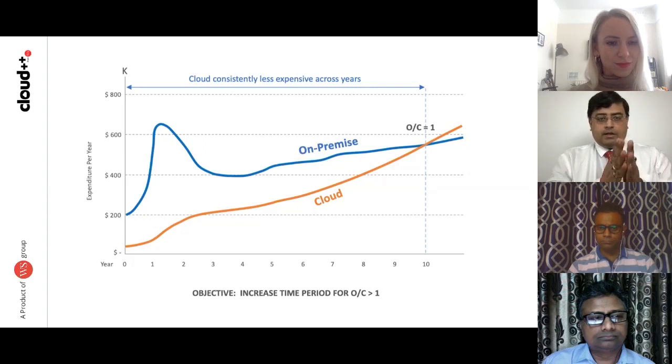So if we can keep the cost for cloud subscriptions somewhat lower than the on-premise cost, then that is actually much more beneficial.